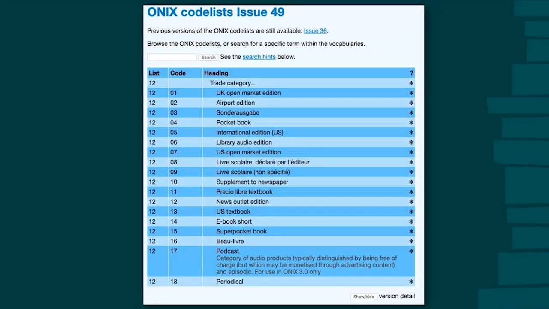This list is a list of various things that need to be tagged, usually for market reasons or legal reasons. They may be things like school books in some markets that are subject to whole different rules, open market editions. And so podcast is here. It's just there as a flag to let the data receiver know this one we categorize as a podcast.